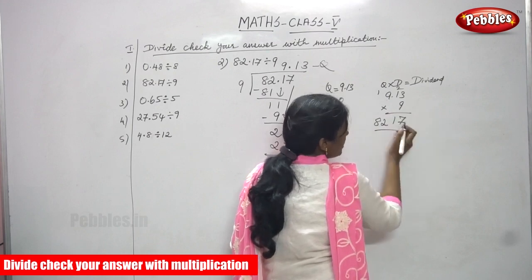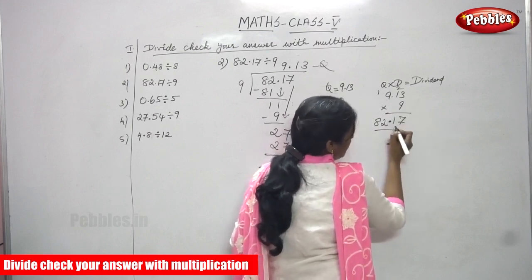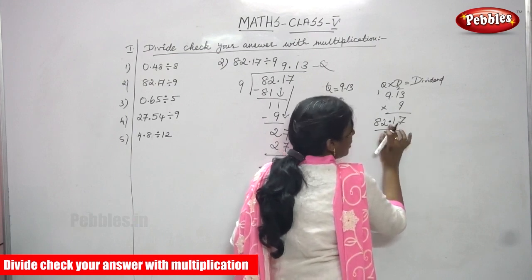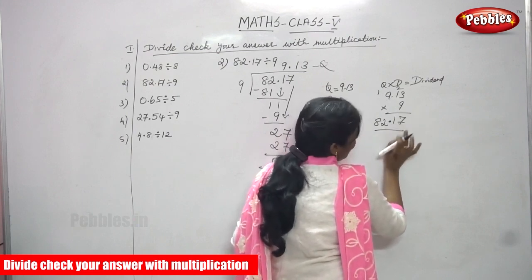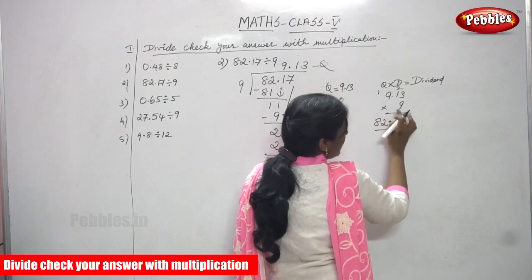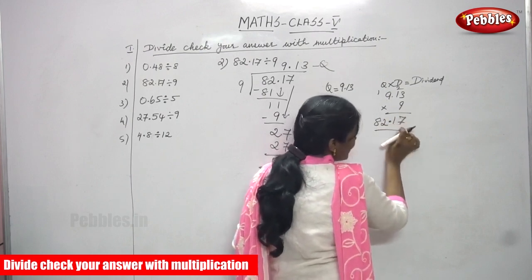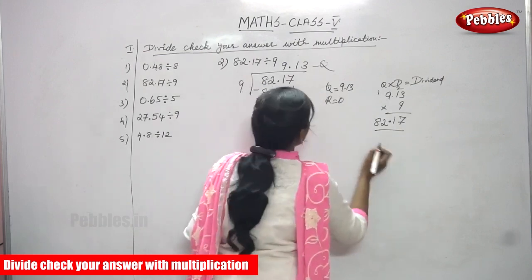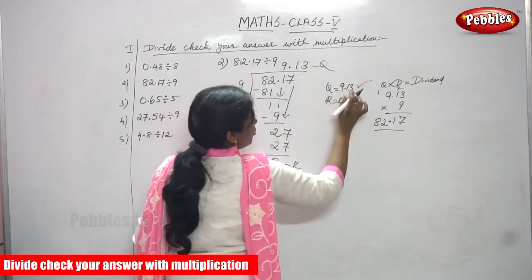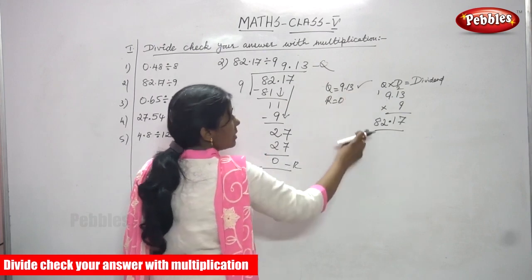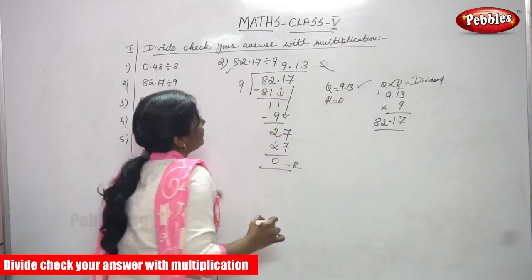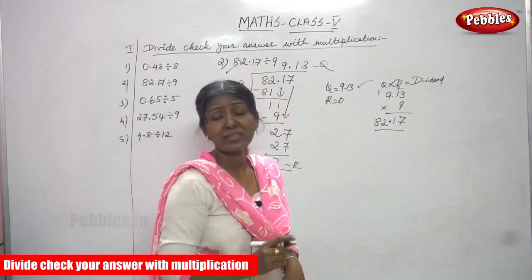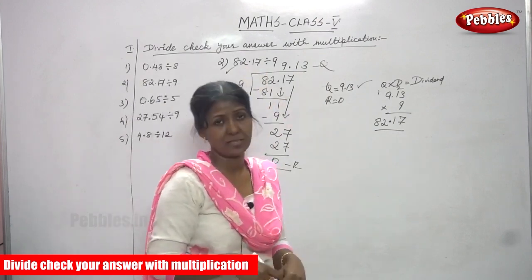You have to move from right to left, that is 82.17, because after this point how many digits? 2 digits must come. The answer is 82.17. Now 9.13 is the right answer because you got the dividend, that is the question, you got this. So 9.13 is the right answer for this question.